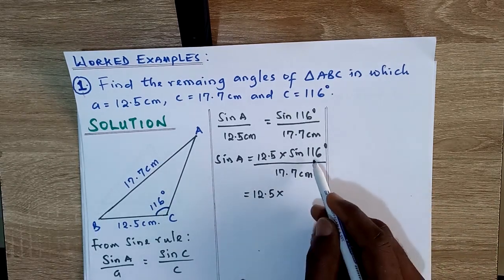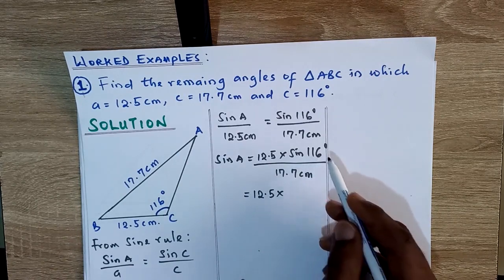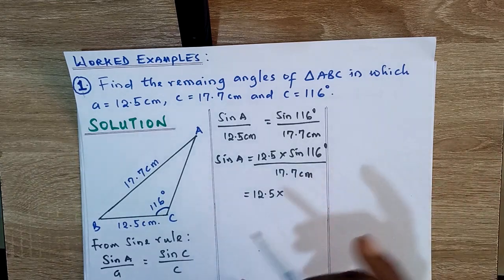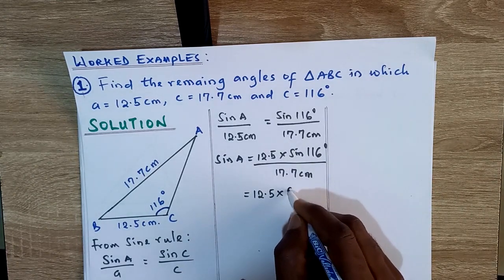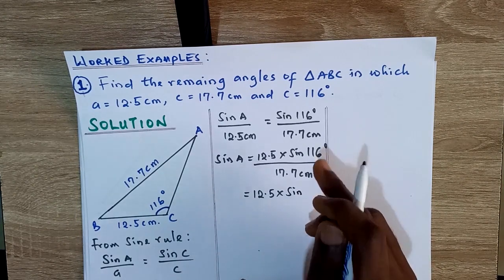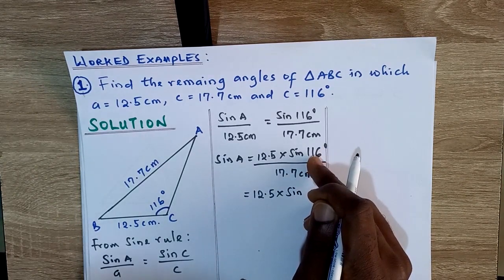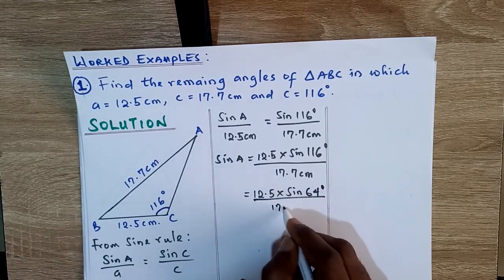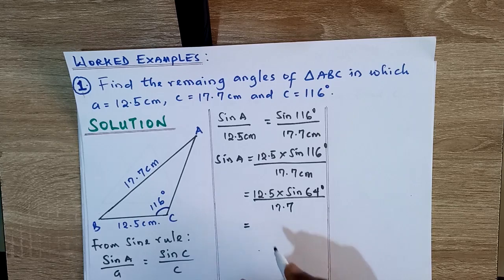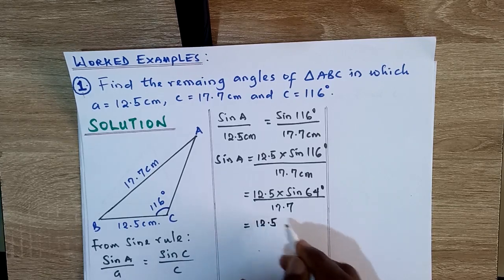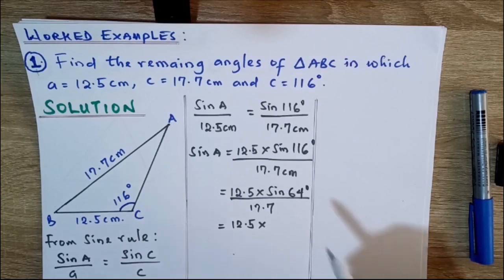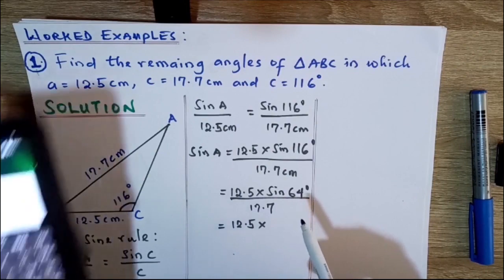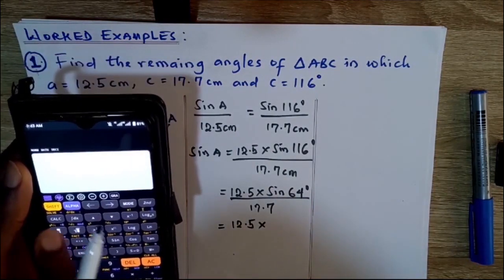Of course, if you're using the four-figure table, you know that 116 degrees is in the second quadrant, and converting 116 from the second quadrant to the first quadrant gives 180 minus 116, which is 64 degrees. So that's sine 64 degrees over 17.7 centimeters. Now, 12.5 times, using a four-figure table or the calculator, we can find the sine of 64 degrees. So let's use our calculator.